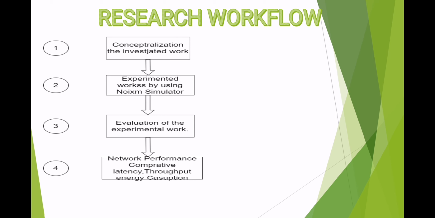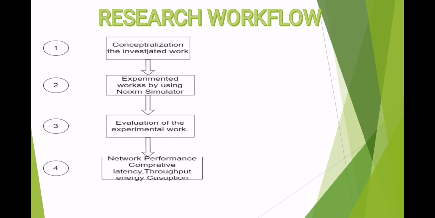Now the research workflow. The research workflow has four tasks. First of all, the concept and prediction, the investigative work. Second is the experimental work using the NoXim simulator. Thirdly is the evaluation of the experimental work.